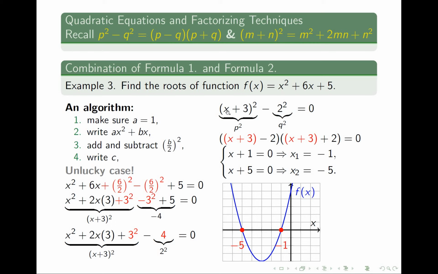If we put in minus 3, then minus 3 plus 3 will be 0. So this gives the x coordinate of this graph's vertex. And if the whole expression here is 0, then we get minus 4 here, which is the y coordinate of this vertex. Interesting, isn't it?